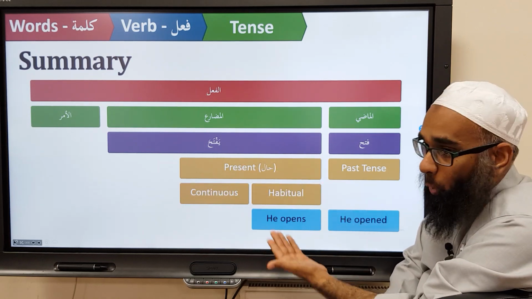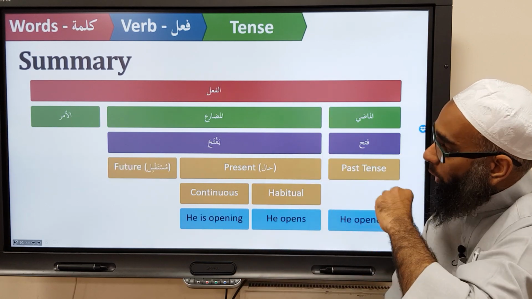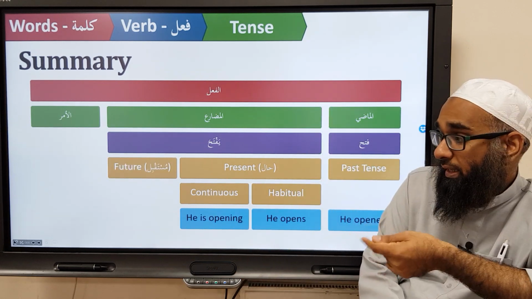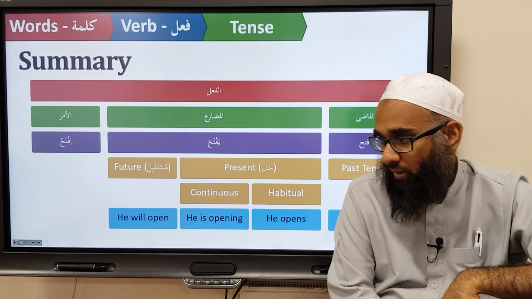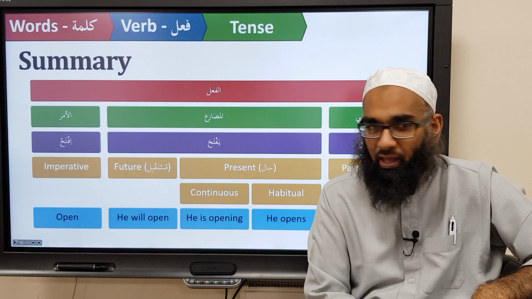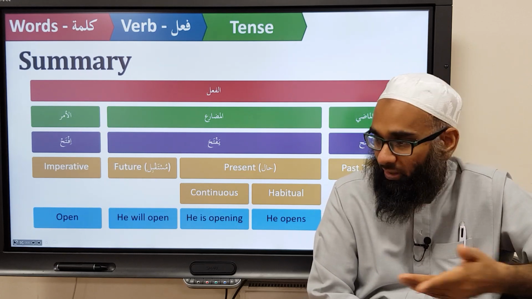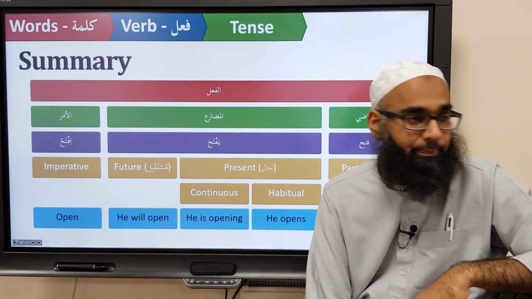Present habitual is he opens, generally speaking. Continuous, he's doing it right now, he's opening. In the future, he will open. And Amr means imperative. You don't say 'you sit', that's very rude, but you say 'sit please' or 'kindly sit'. But here it means open.